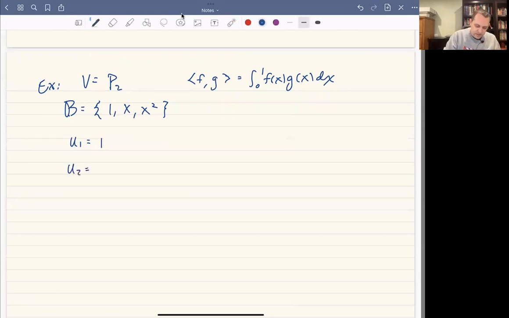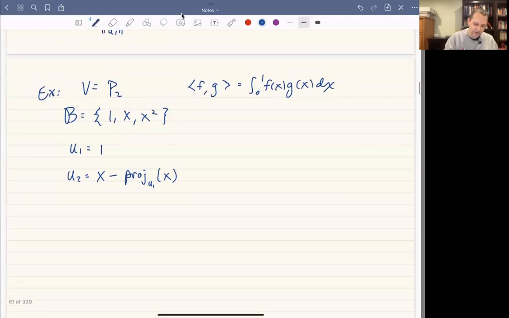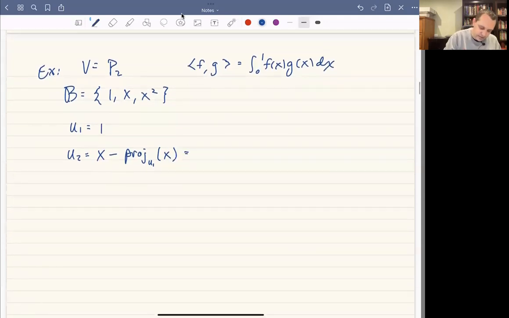U2 is going to be V2 minus the projection of V2 on W1, which is the projection onto just U1. Remember that the projection of X on U is the inner product of X with U1 divided by the length of U1 squared times U1.